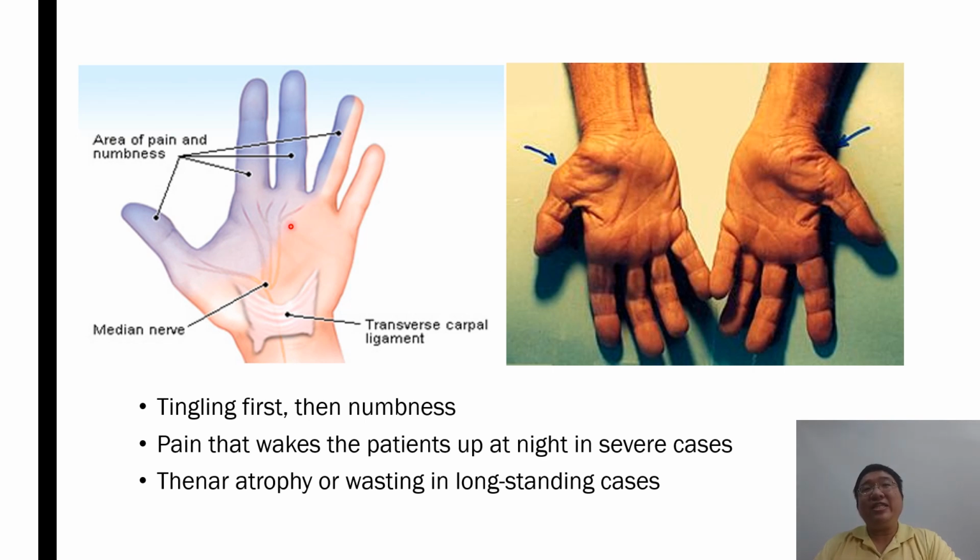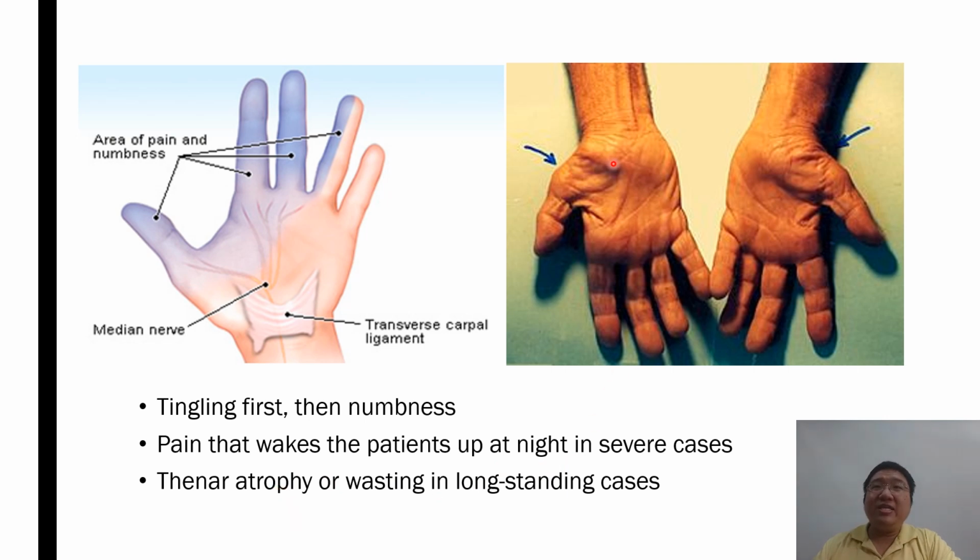Later in the course of the disease, the patients may develop thenar muscle atrophy. The numbness or the tingling or the pain may be so severe that it wakes the patients up at night.